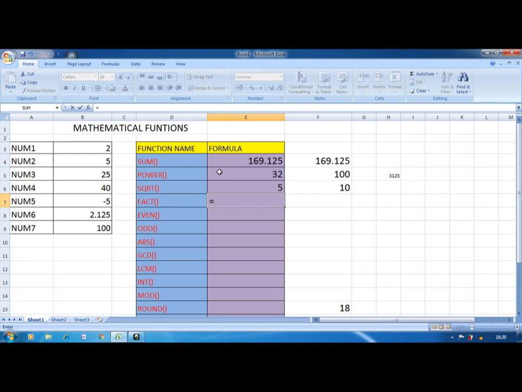So equal to FACT, and when I click on the opening bracket, again it shows a number. So you have to write only one number. So I will enter 5. The answer is 120. What is the factorial of 2?